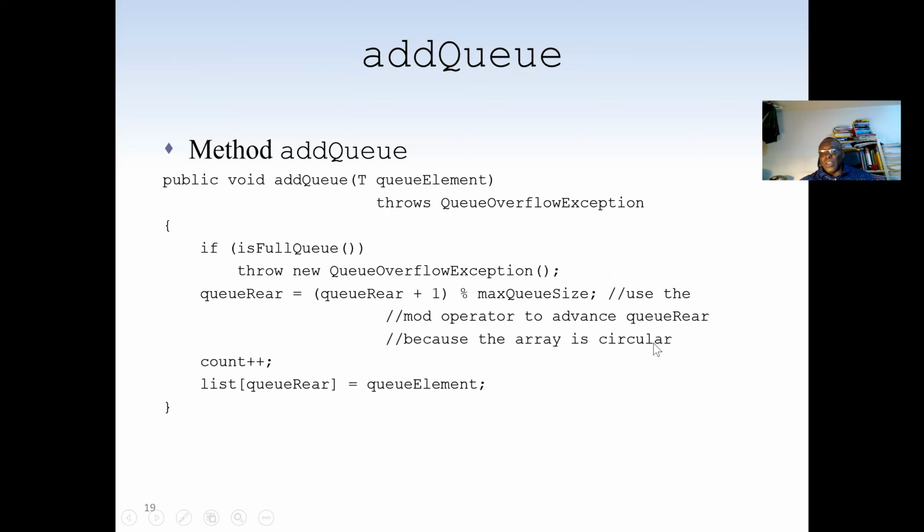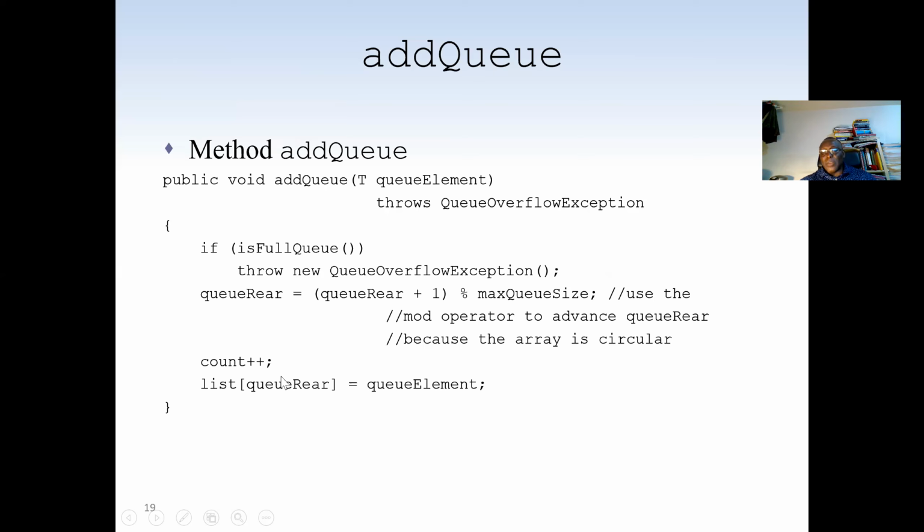Again, because it's circular. So we increment the rear, we increment the count. The count just keeps track of the elements in the array. So anytime I want to check how many elements are in the array, all I need is to print the content of count. Then the last step is to assign the queue element to the queue array.